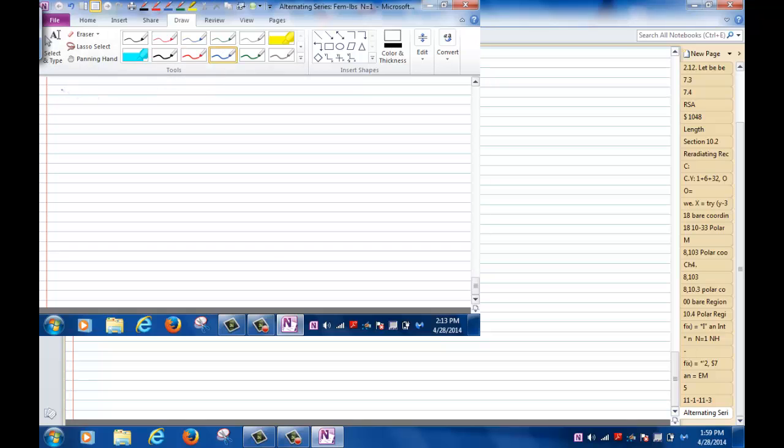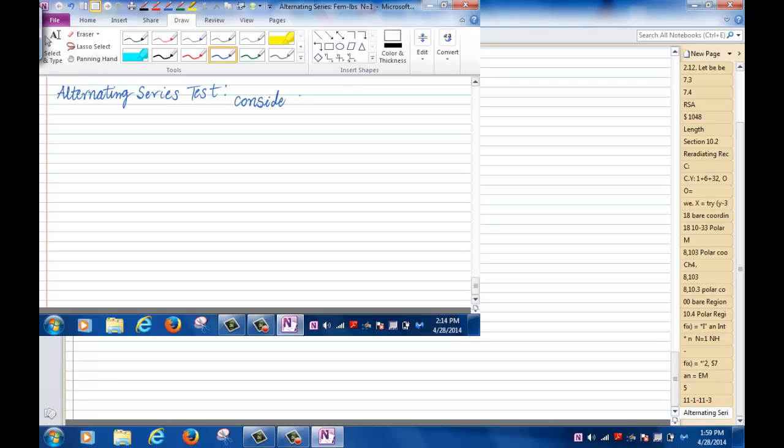First of all, this is called the alternating series test. This is a test to determine whether a given alternating series is convergent. So generally, how do I express an alternating series? Well, generally, we can express an alternating series in the following way.